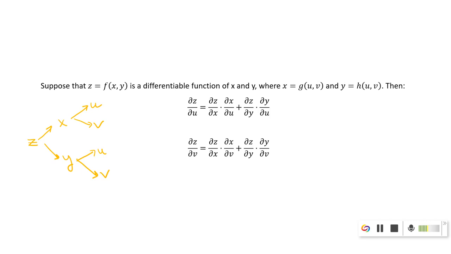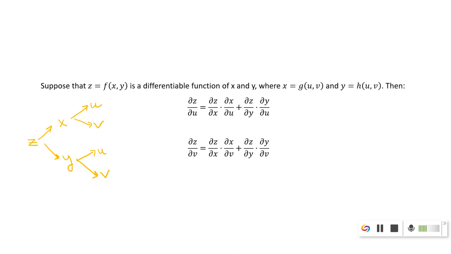So in this particular case, we are capable of finding the partial derivative of z, the output, with respect to u. So my final input variables are u and v, so I can find the derivative of z with respect to u, or I can find the derivative of z with respect to v.